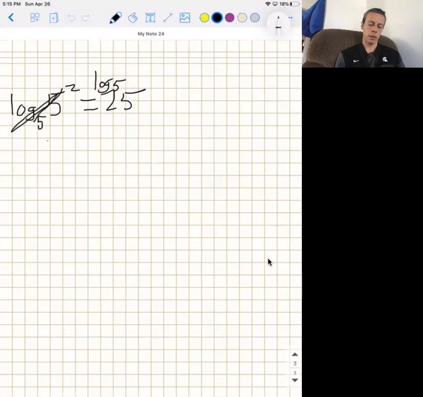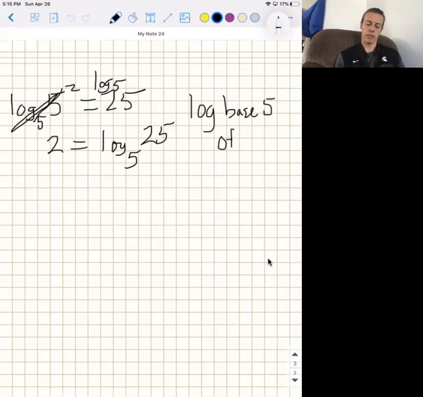On this side, we're going to be left with 2. And over here, we're going to have log base 5 of 25. That's how you would say it in words.